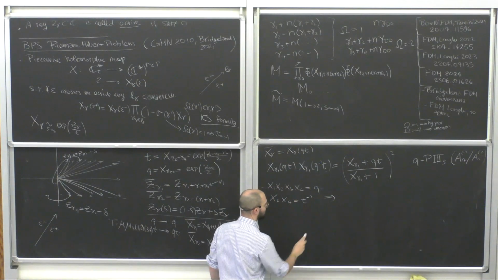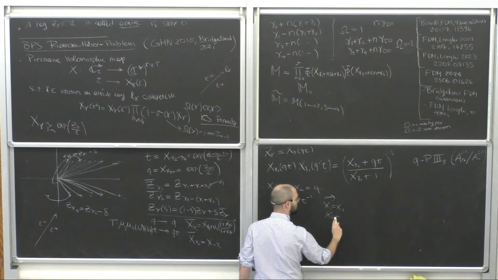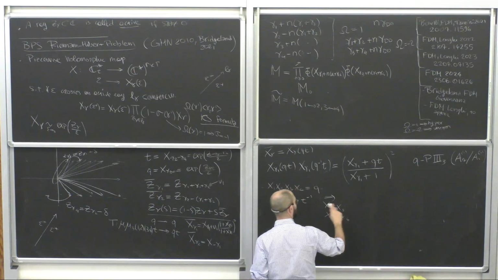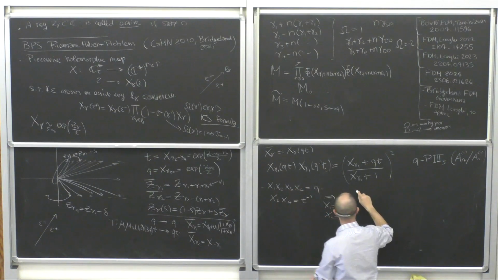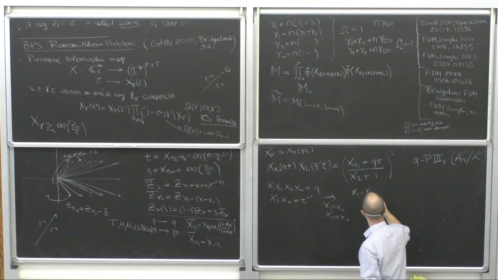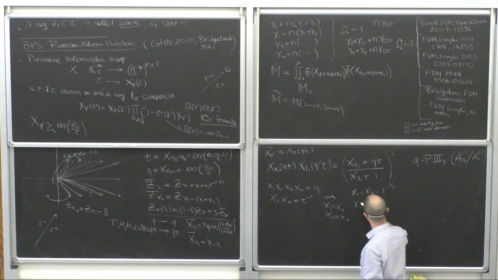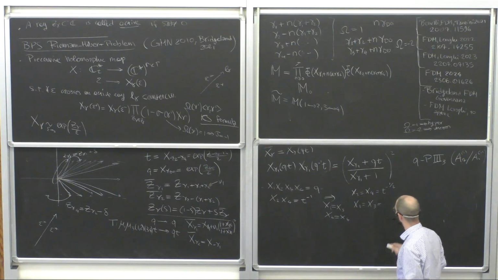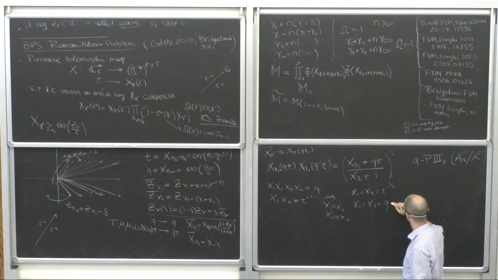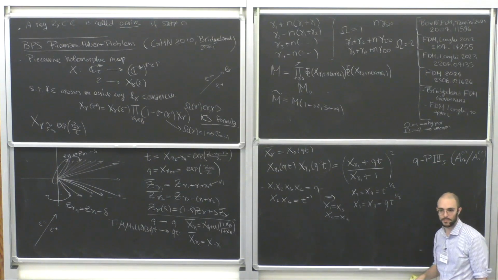So if I set really that x1 is equal to x3 and x2 is equal to x4, I find just algebraically that I must have, for example, x2 is equal to x4 is equal to t to the minus 1/2, and x1 is equal to x3 and is equal to q times t to the 1/2. And this is just exponential of some central charge over epsilon.